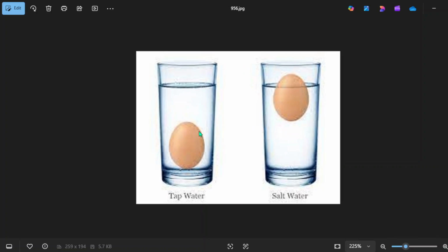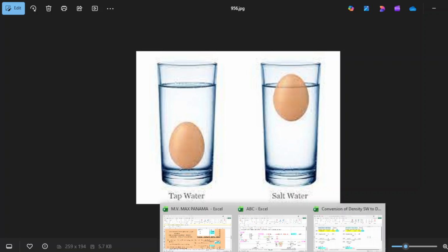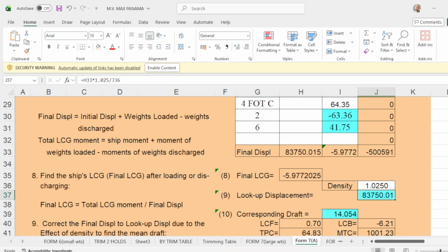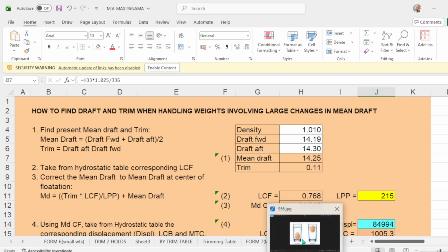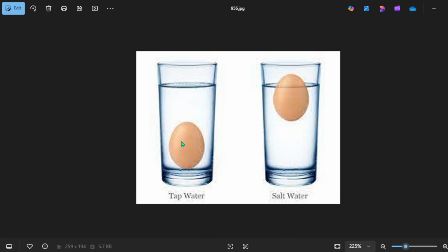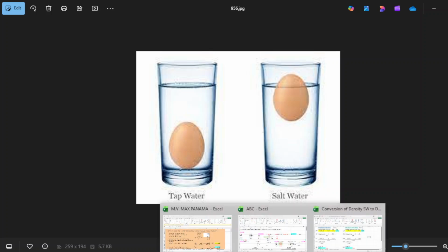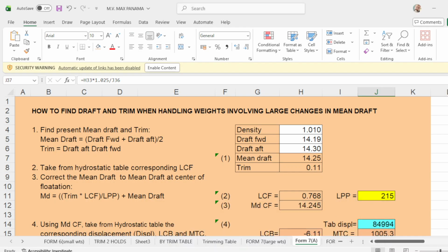This is, let's say, dock water, guys, where the mean draft is 14.25. When you are in dock water of 1.015, you have a deeper draft of 14.25. This is the situation, guys, so you have more draft here. But when she floats in salt water of 1.025, take note of the draft.